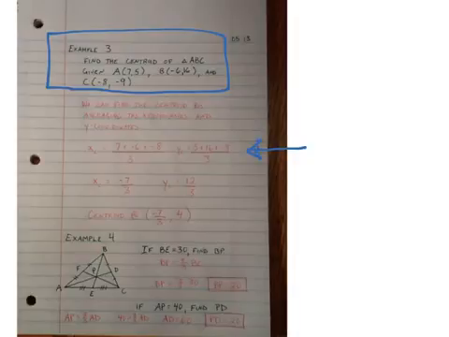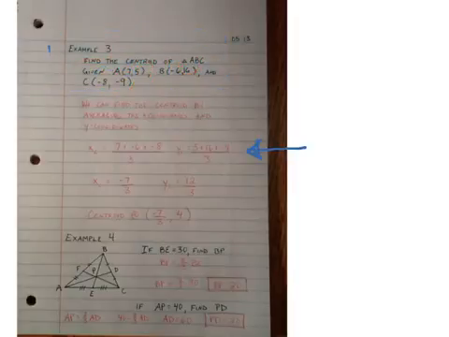The average of the x-coordinates, 7, -6, and -8. And the average of the y-coordinates, 5, 16, and -9. So we just average those 3 coordinates.